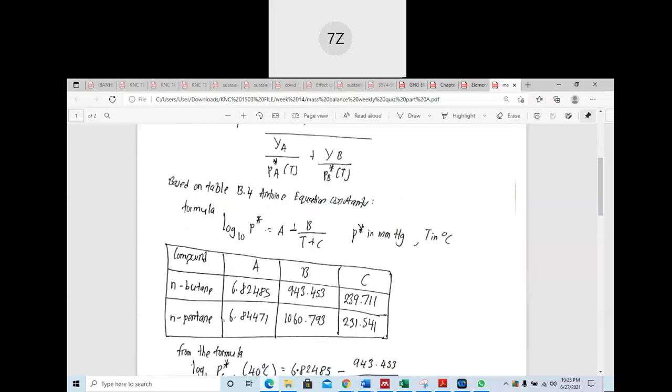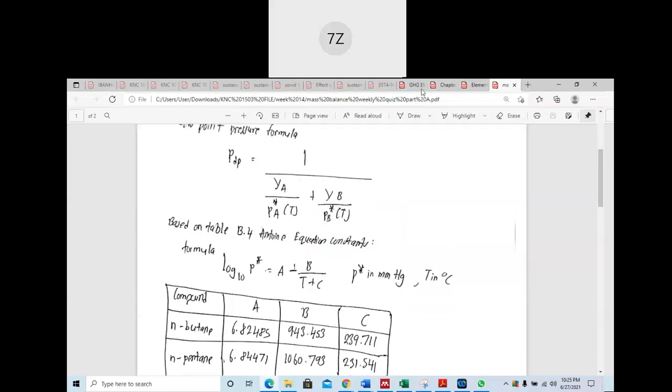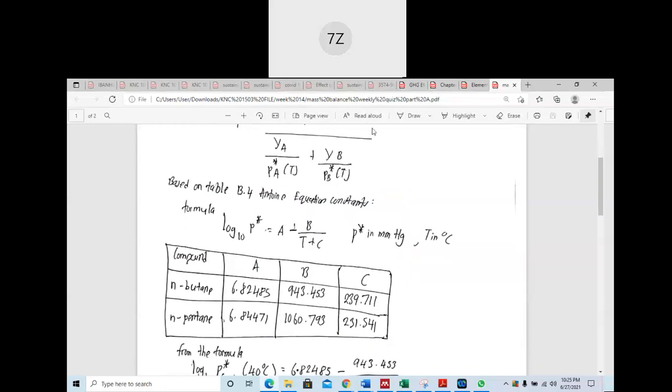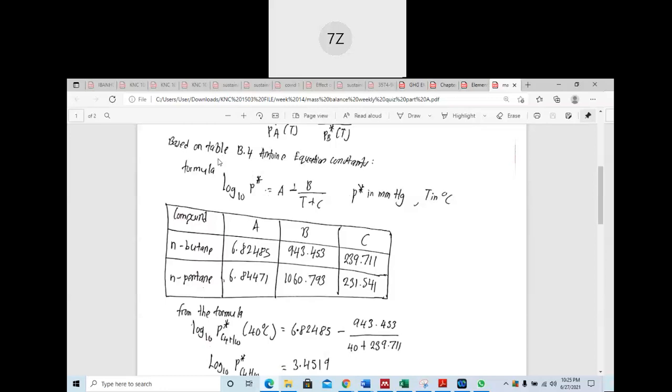Okay, for our purposes right now, we need to find this value by using this formula. You can find this formula in the e-journal book, the Antoine equation constant from table B4.